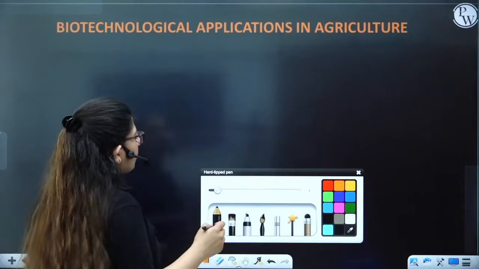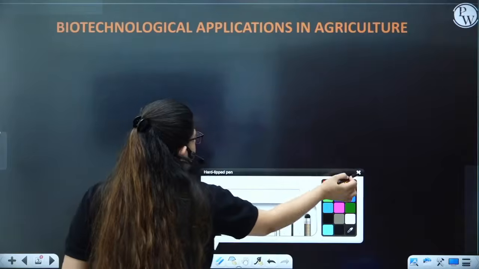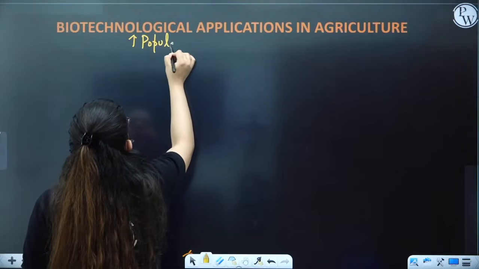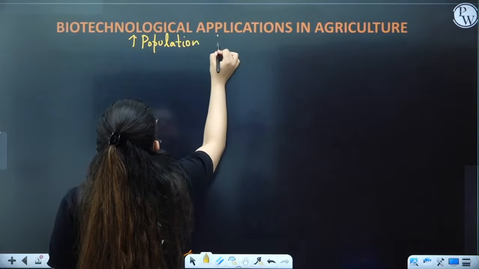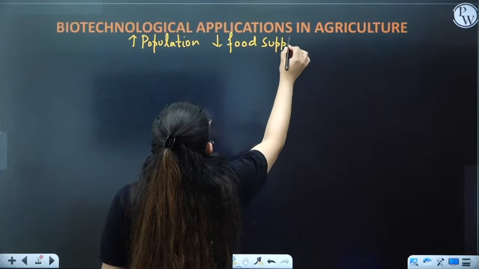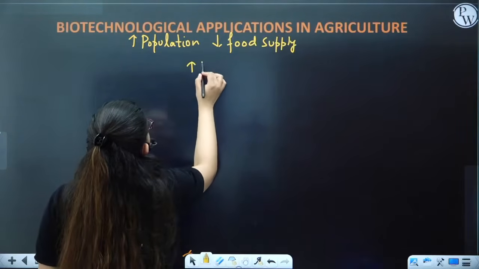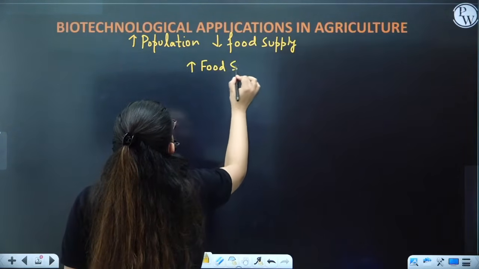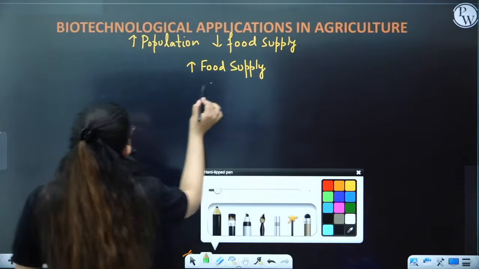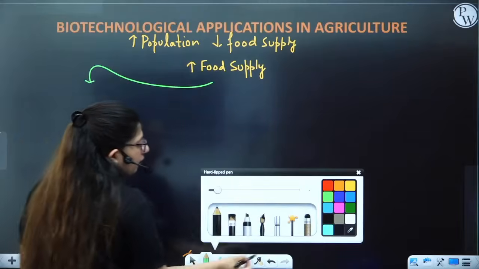Okay. So what's the problem? Let's first talk about the problem. The problem is there is an increase in population and there is less food supply. So to increase the food supply, we have three options. One, we can use the agrochemical means.